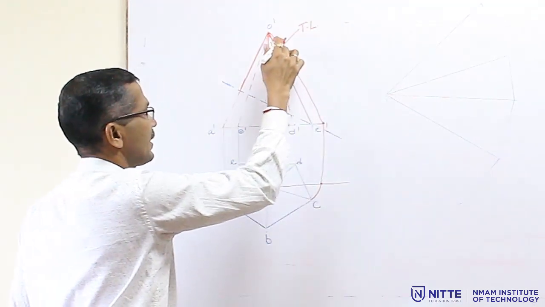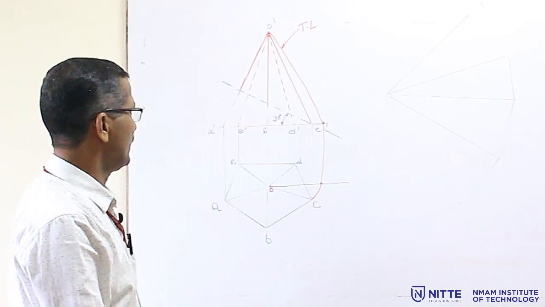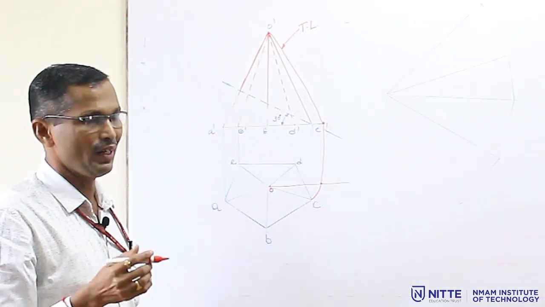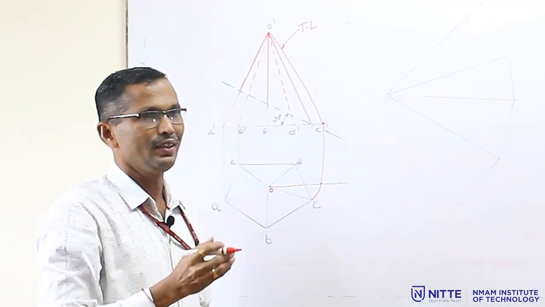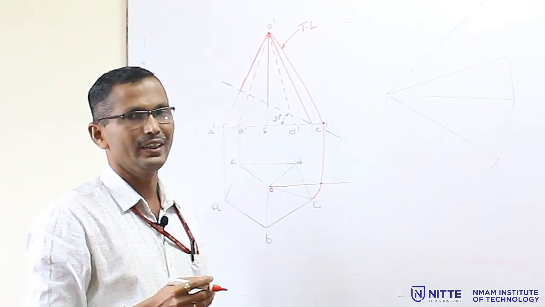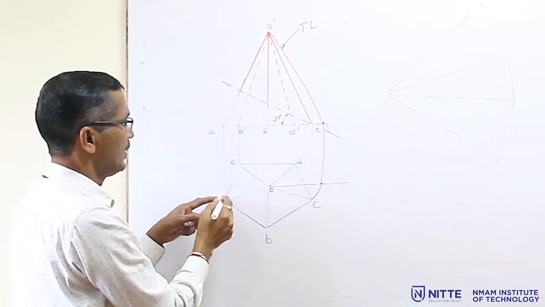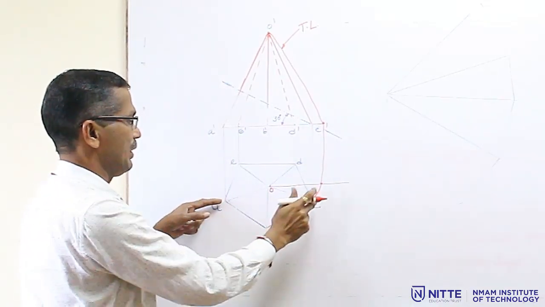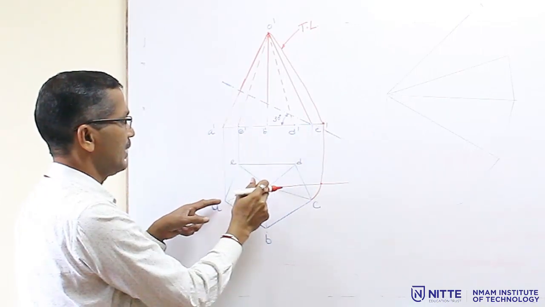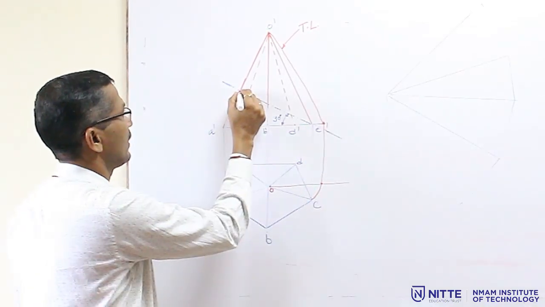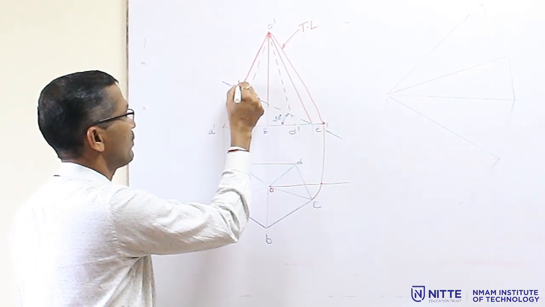of the slant edge. Now, here the section points are there. Whenever the cutting plane cuts a slant edge, we get one section point. Now you have to number the section points in sequence. The section plane cuts OA; I call that section point 1.